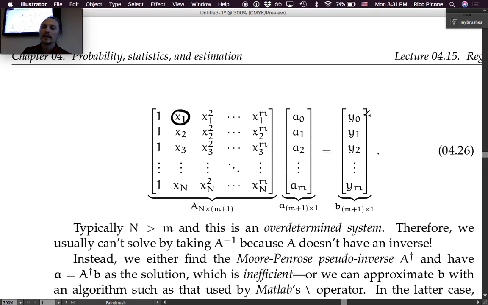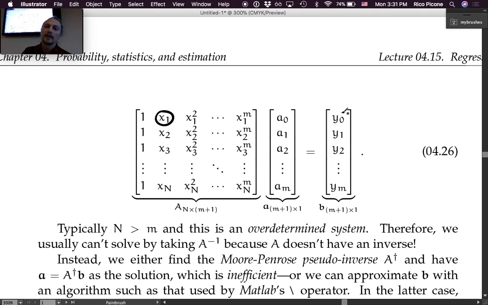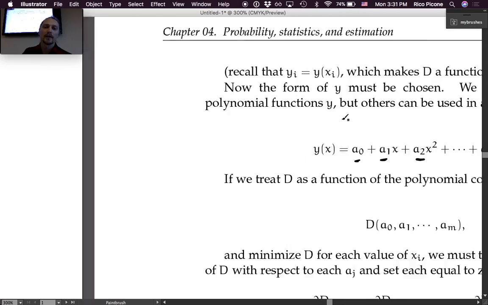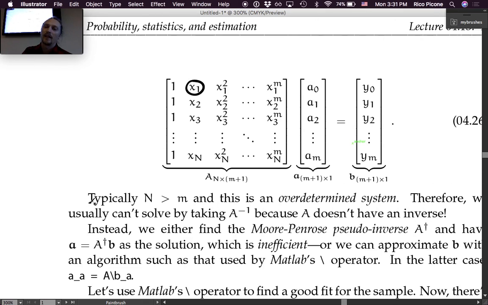So essentially this is the data point that came out. So this is my F, my first force that came out, wherever that was. That one. And so that gave me one equation for all the A's.